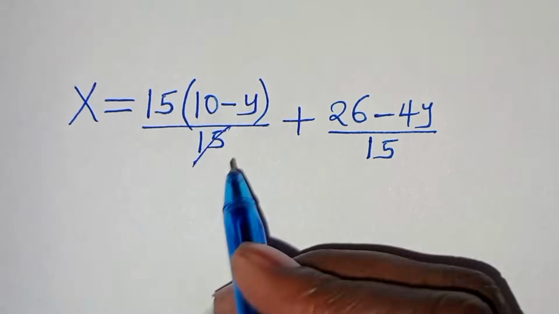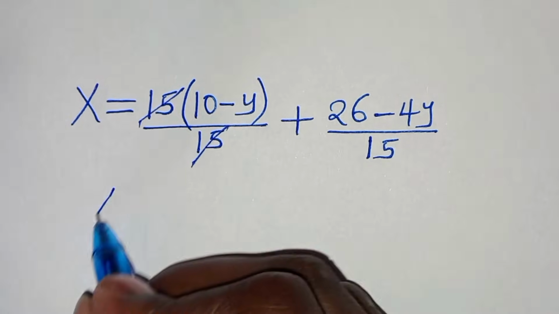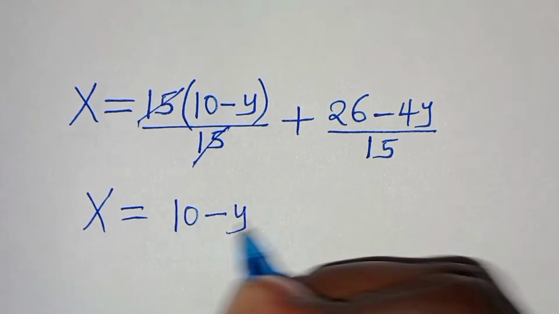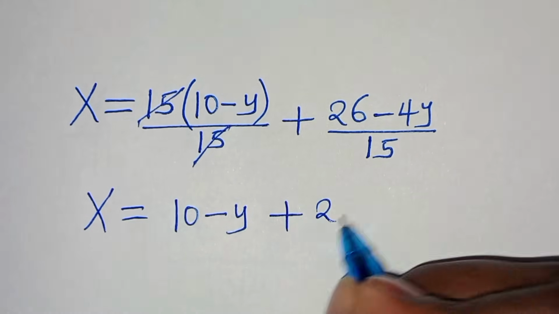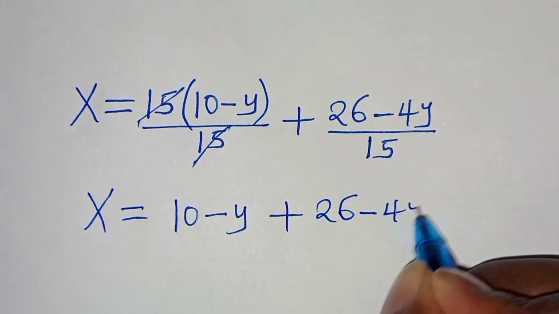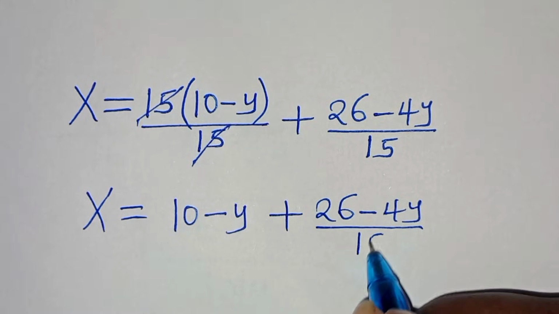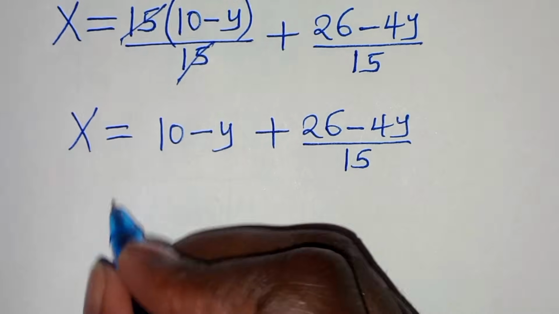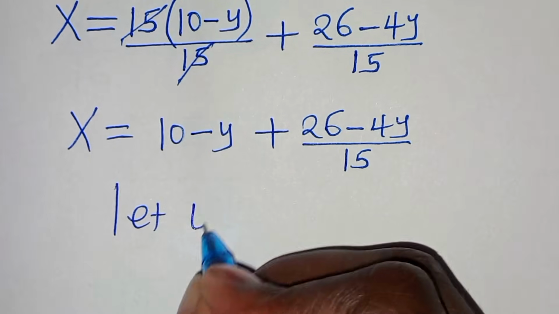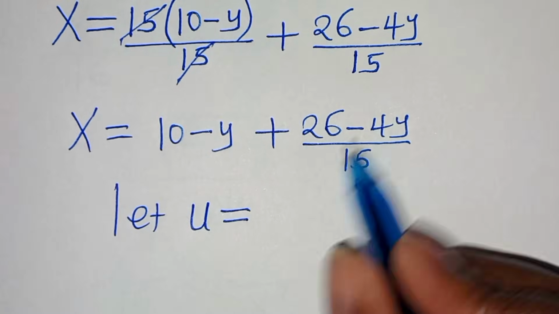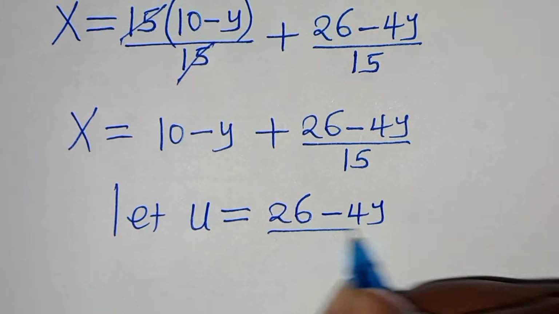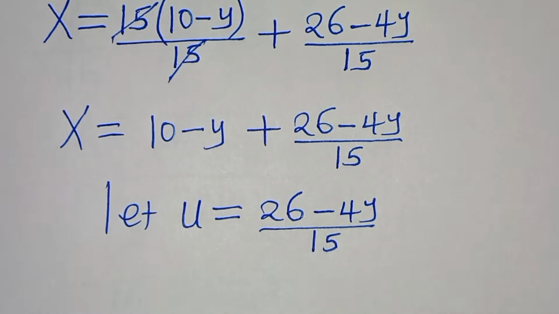Now let's simplify 15 and 15 here so that we have x is equal to 10 subtract y plus 26 minus 4y divided by 15. The next step is that we can let u be equal to 26 minus 4y divided by 15.